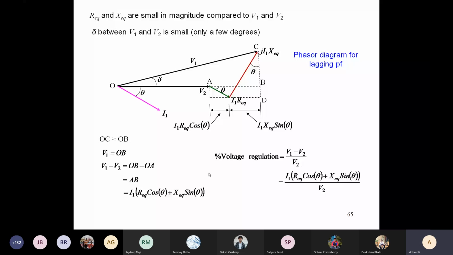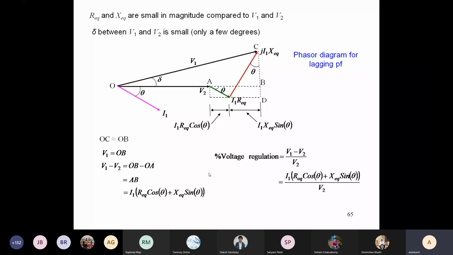If you are asked to find the regulation, you need to compute Req cos theta plus Xeq sin theta by V2, and the numerator is multiplied by I1. This formula is valid for lagging power factor.